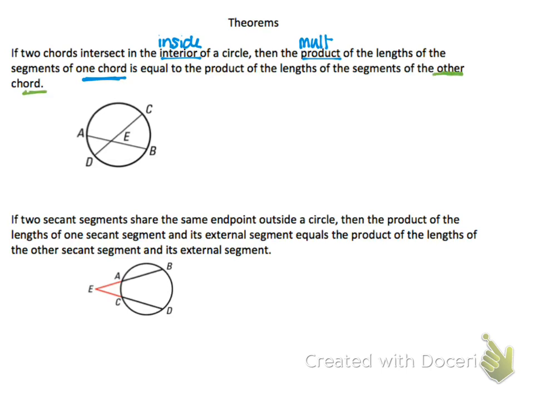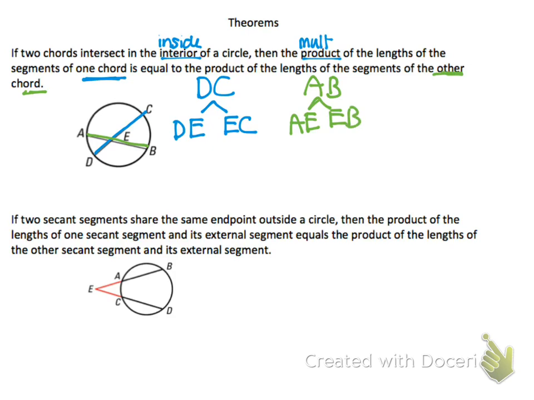So this is getting broken up into 4 pieces. So let's talk about the blue chord right here. So chord DC is going to be broken up into 2 pieces, DE and EC. And then my second chord is going to be chord AB, and chord AB is going to be broken up into 2 pieces, which is AE and EB.